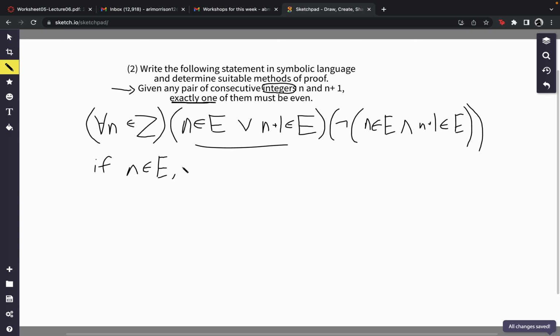It's not quite as well done, hopefully, as this one will be, but I do talk about what it means for a number to be even or odd. An even number is divisible by 2, so that means that n equals 2 times a, where a is an integer.